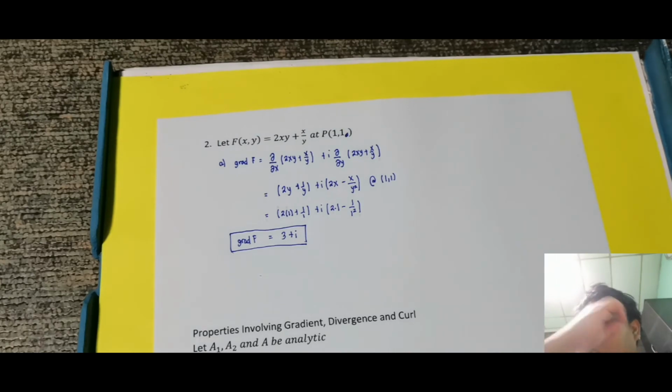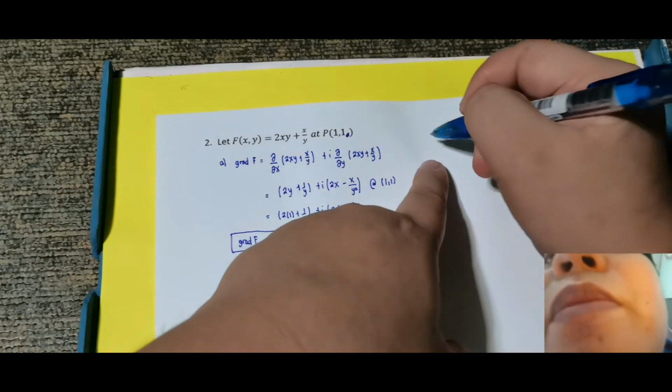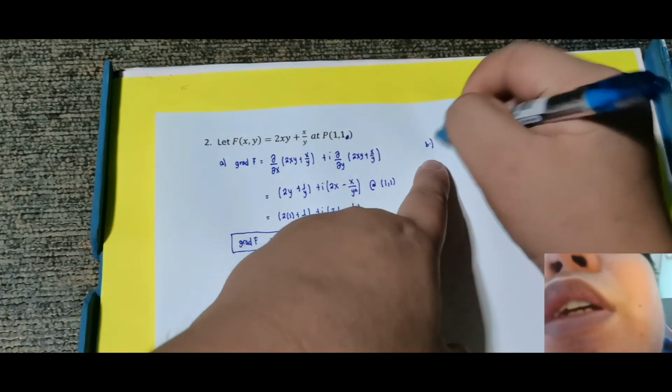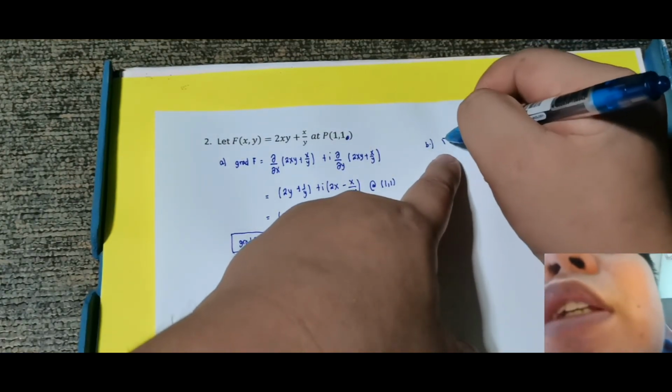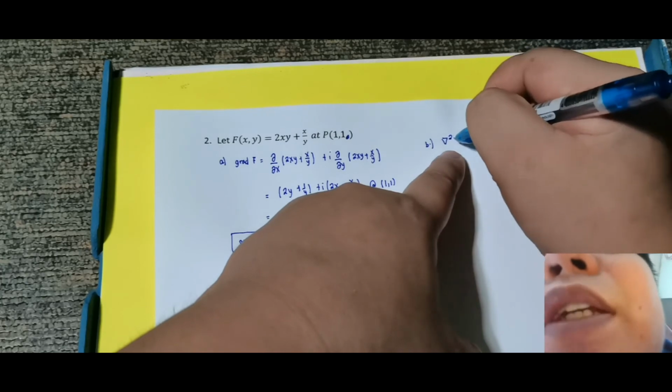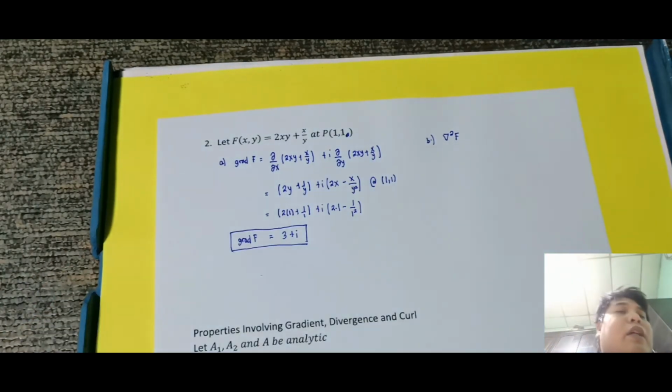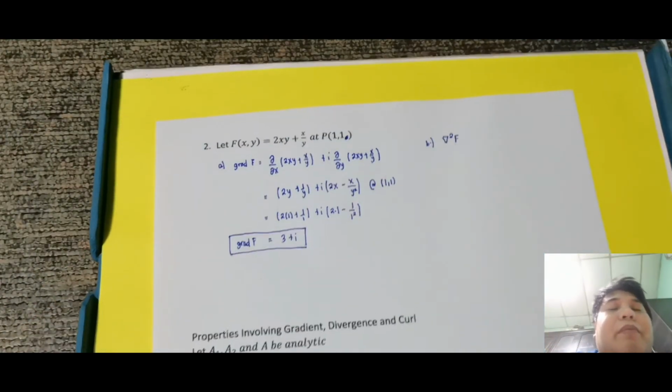Next, kunin natin yung Laplacian niya. So sa Laplacian, anong gagawin? Ang gagawin sa Laplacian is kukunin yung kanyang second partial derivative dalawang beses. Okay, so letter B, if we are asked to find the Laplacian, so denoted by this, yan yung Laplacian of f, delta squared of f.